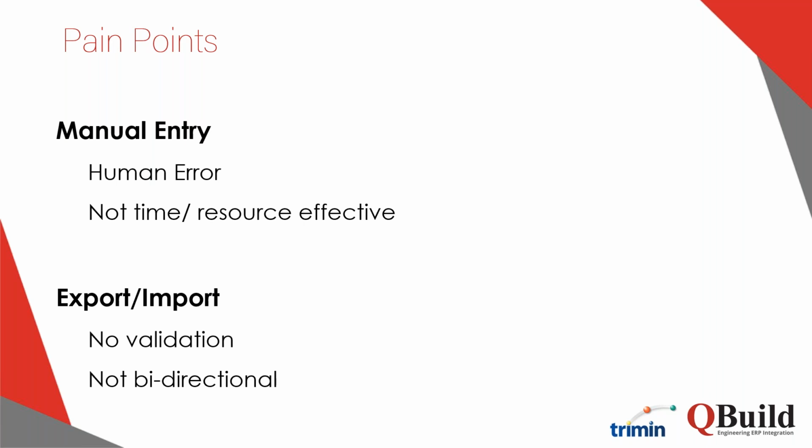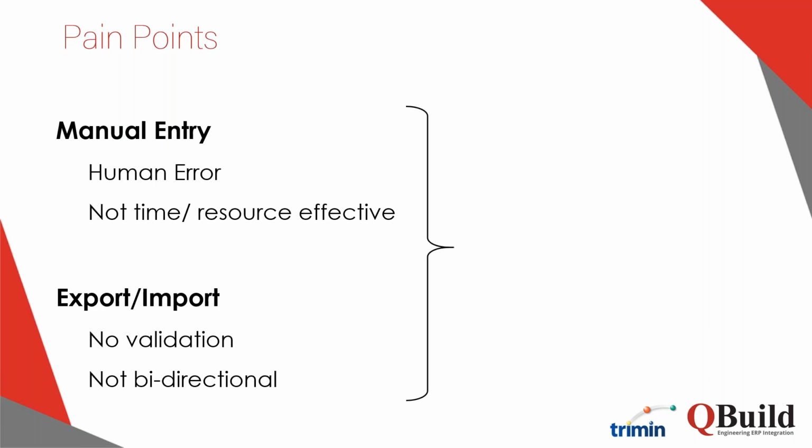And next, the import-export method, or the blind push. An automated solution like CADLink will have that data validation built in, and it also is bidirectional, which the blind push did not have. So these are all pain points and challenges that solutions like CADLink really aim to resolve and make your process even better and more efficient.